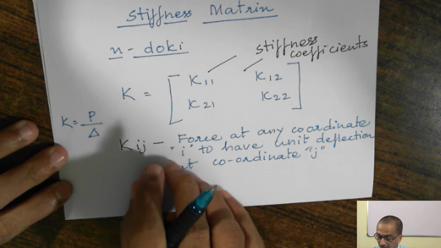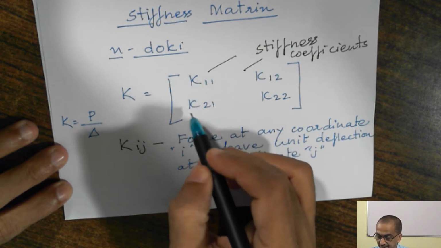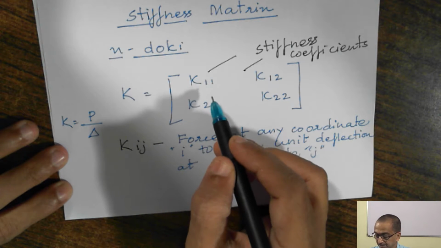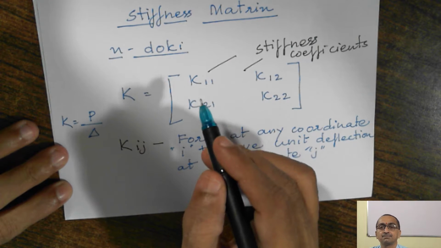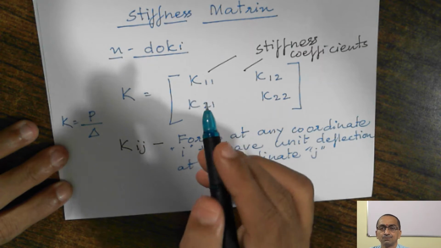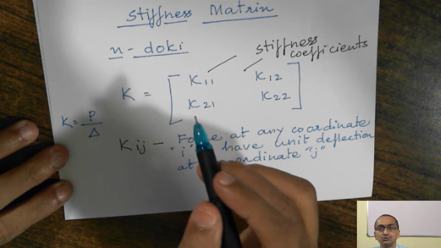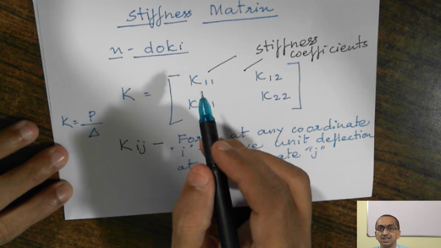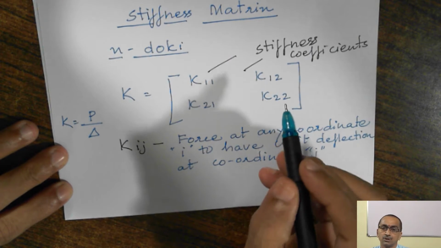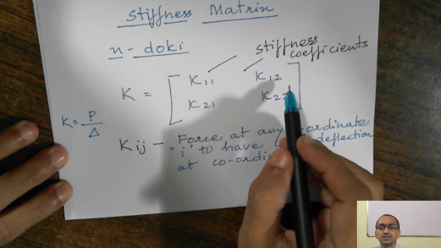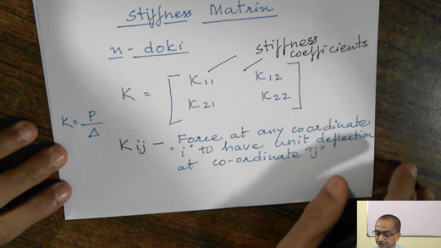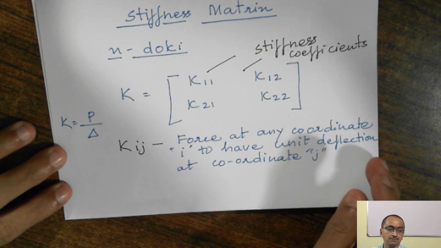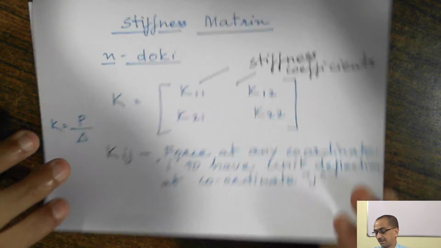To generate a particular column of the stiffness matrix, we must apply unit deflection at that particular coordinate. For the first column, apply unit deflection at the first coordinate; for the second column, at the second coordinate. I hope this is clear to you. We will proceed with our concept of beam element.